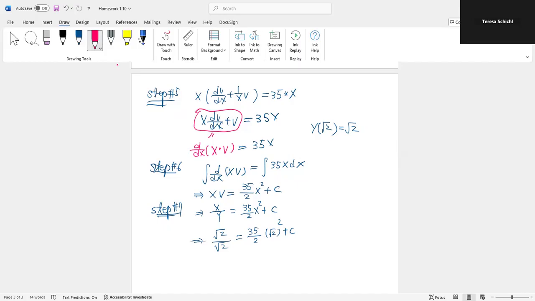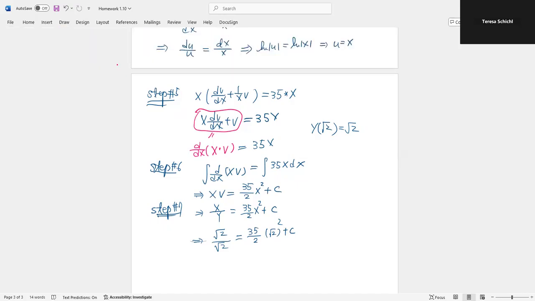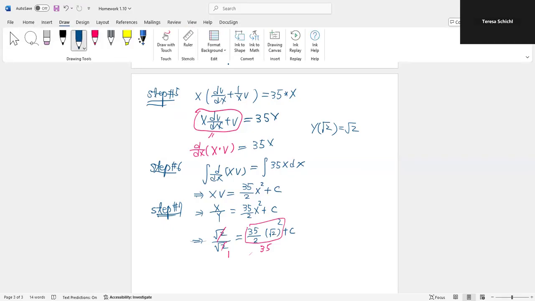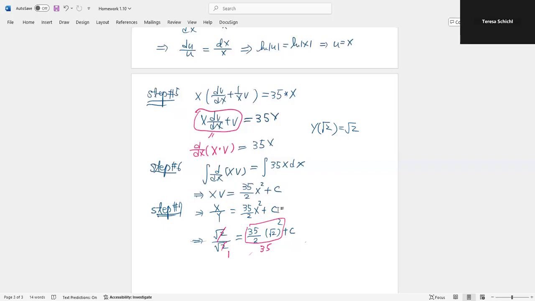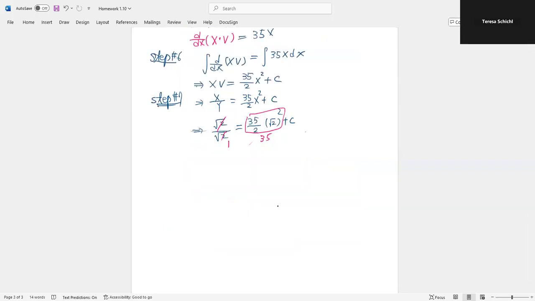So this one here, 2 and 2 give 1, and this one is going to be 35. So we find 1 equals 35 plus c. So what is my c? c is equal to negative 34.